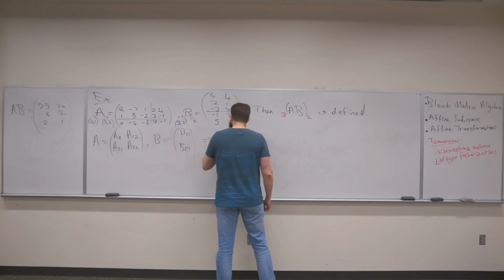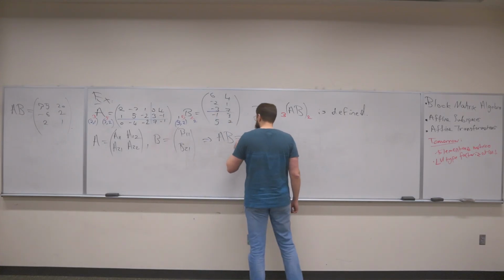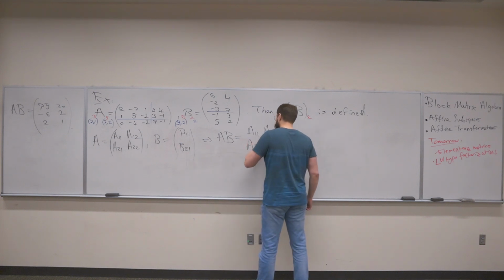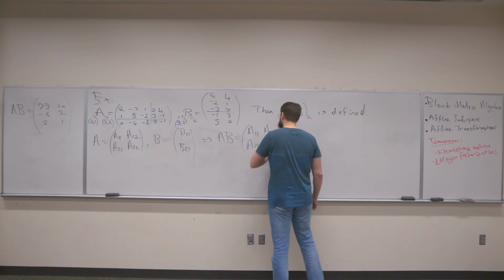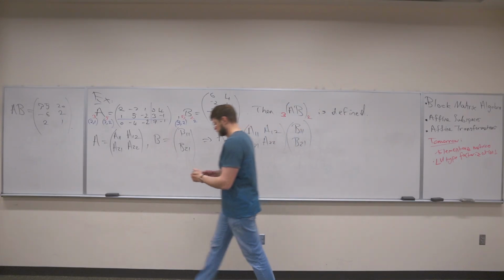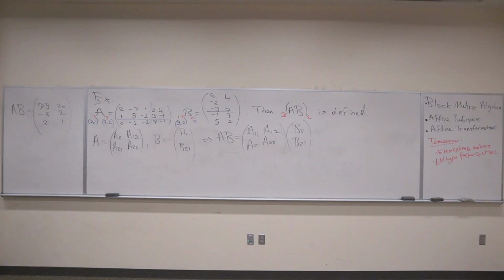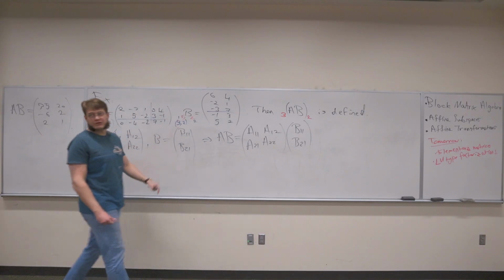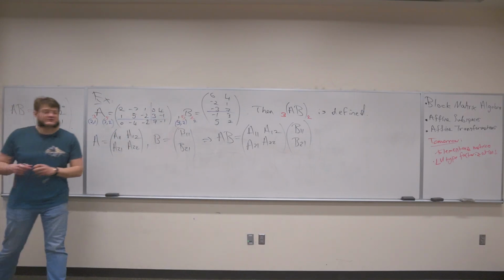Then AB is, well, like this. Now you say, okay, even though these are not necessarily scalars, I'm still going to pretend that I have 2 rows. I'm saying, oh, this is a 2 by 2 against a 2 by 1 with matrix entries.